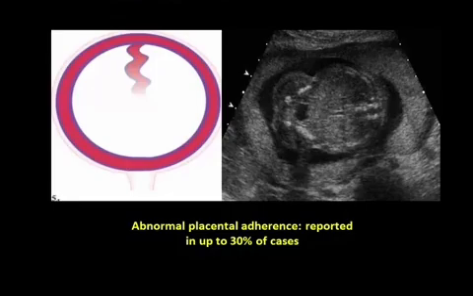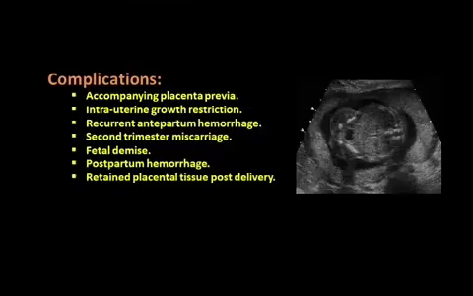By ultrasound, the placenta circumferentially covers most or all of the entire uterine wall. Recognized complications include accompanying placenta previa, intrauterine growth restriction, recurrent antepartum hemorrhage, second trimester miscarriage, fetal demise, postpartum hemorrhage, and retained placental tissue post-delivery.